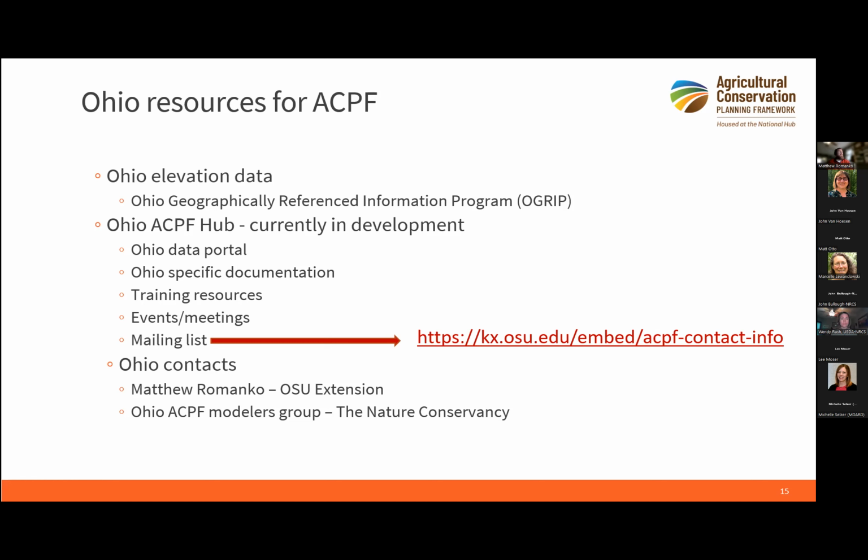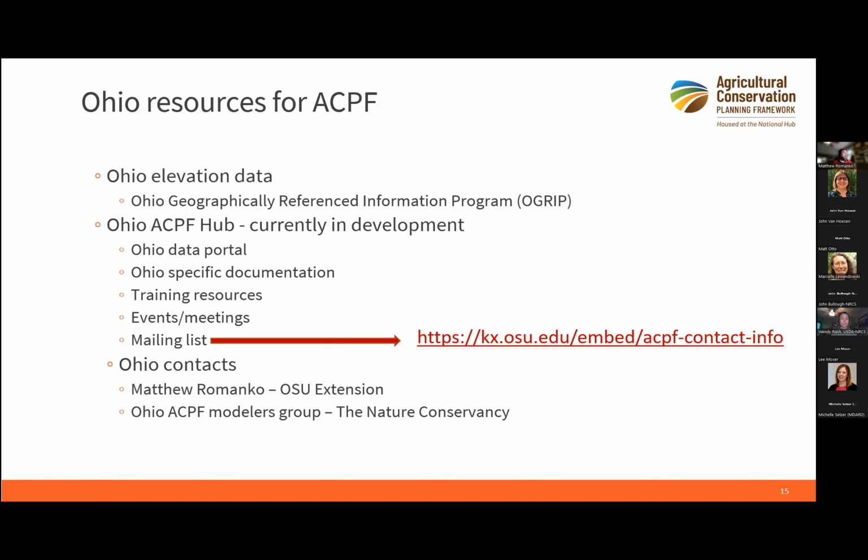The other thing here is this mailing list. We've just started this mailing list as a way to facilitate communication in the state between all the different stakeholders interested in ACPF. The link you see there can take you straight to the mailing list, which is going to be housed on our Ohio hub.